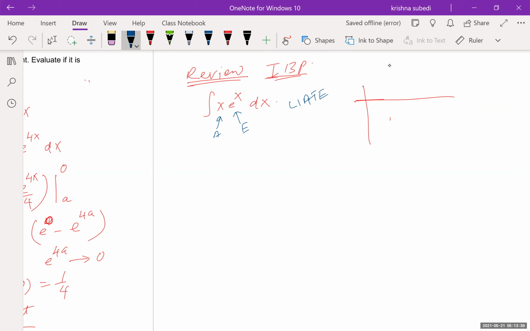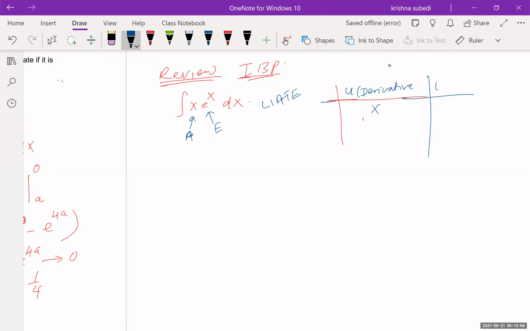So according to this rule, the algebraic function comes first. So we do this, u means derivative, and we suppose that u is x, and the remaining v, we need to do the integration, so that is our e to the x.